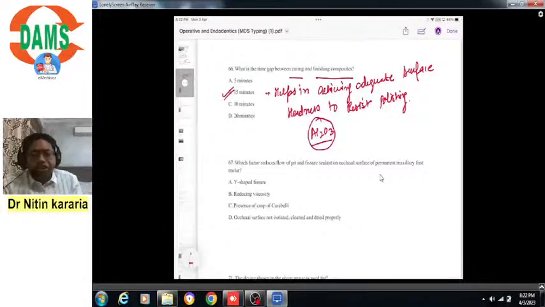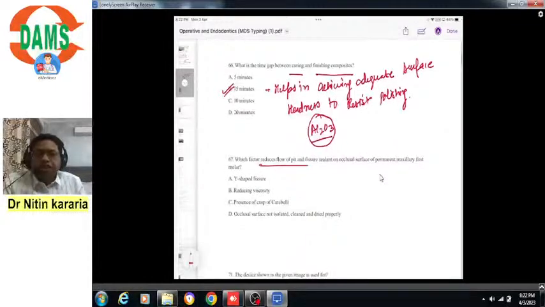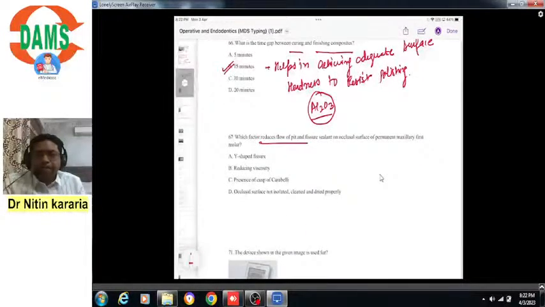So what factor reduces the flow of pit and fissure sealants? The options given are: is it a Y-shaped fissure, reducing of the viscosity, the presence of cusp of Carabelli, or occlusal surface is not isolated, cleaned and dried properly?